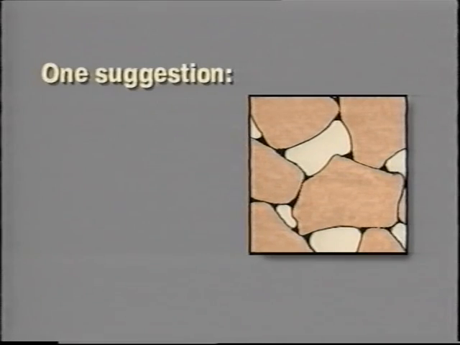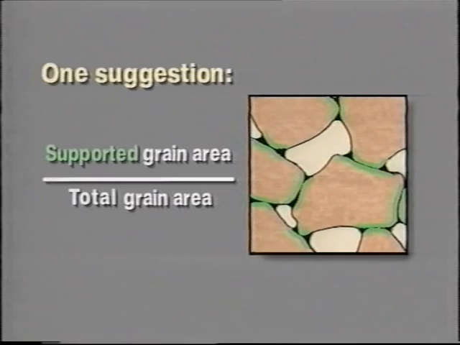Well, my suggestion would be a measure like this: supported grain surface over total grain surface. Well, maybe. Supported over total. Yes, maybe that would do it, until I can think of something better. This, then, would be a master variable, expressing the contact properties of the grains. This would be the link between the thin section and the seismic velocity.